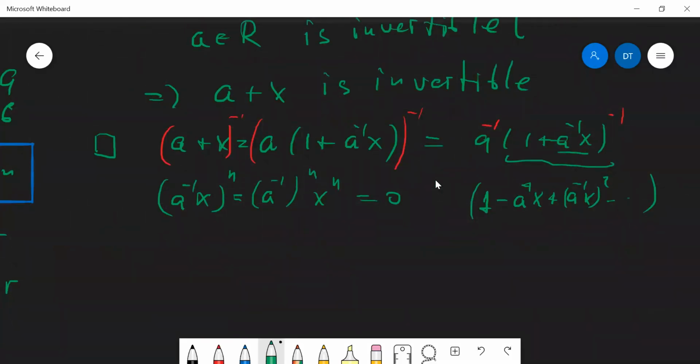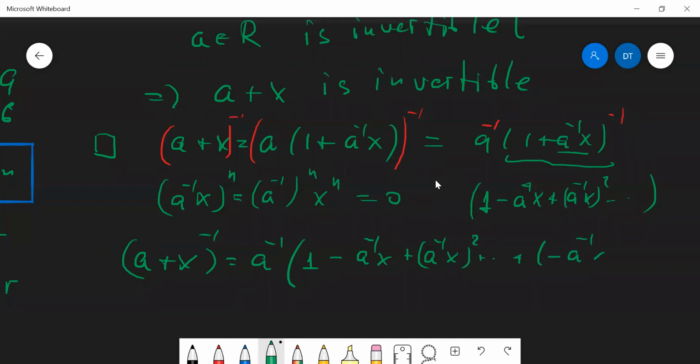So the result: a plus x inverse is a inverse times the bracket 1 minus a inverse x plus a inverse x squared, and so on, plus or minus a inverse x to the n minus 1. So this is the inverse element.